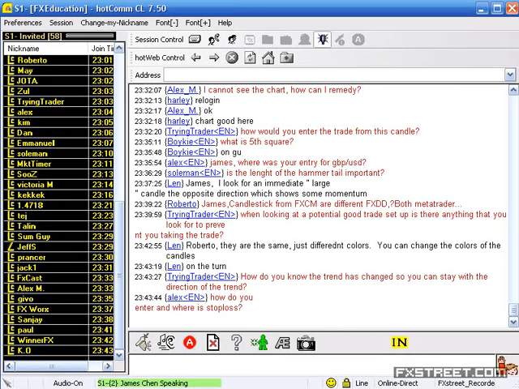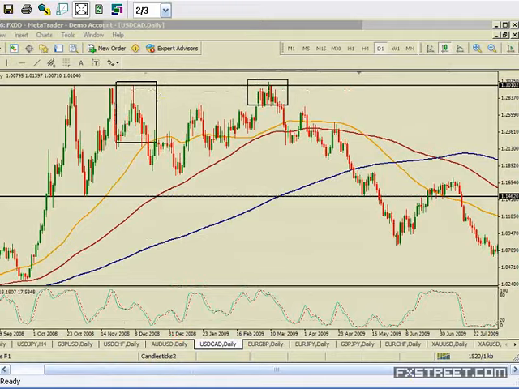When looking at a potential good trade setup, is there anything that you look for to prevent you from taking the trade? If I have confluence, everything's lining up, and I have a strong directional bias, what would prevent me from taking a trade? Well, one example is if I'm looking for a breakout, and on that breakout is a huge candle, that may skew my risk-reward ratio.